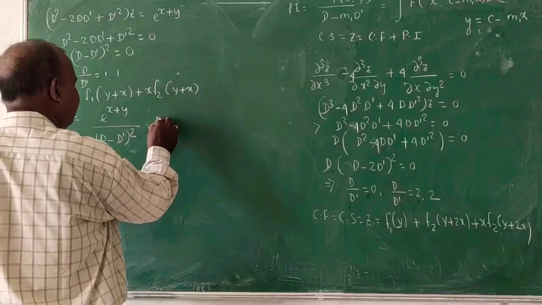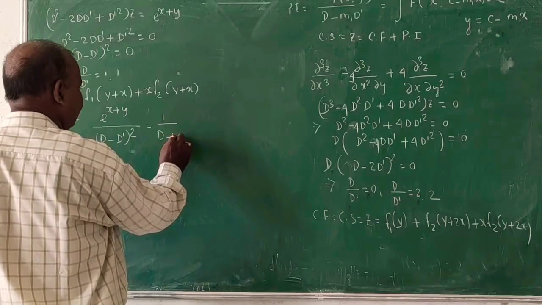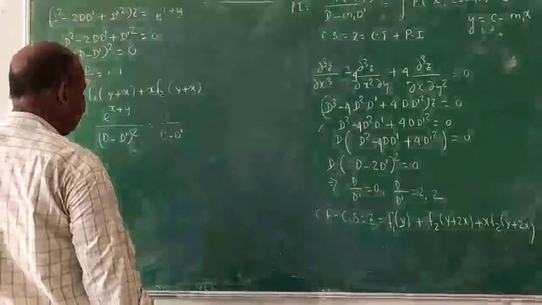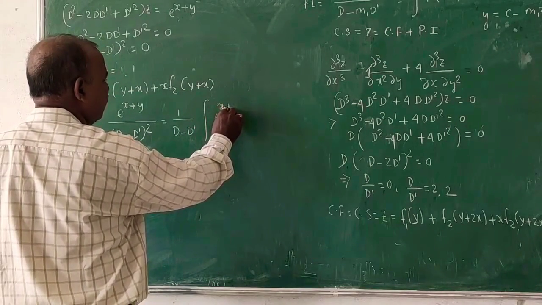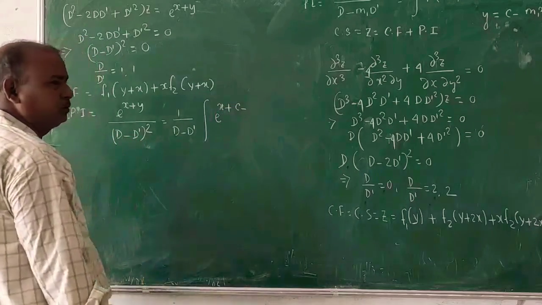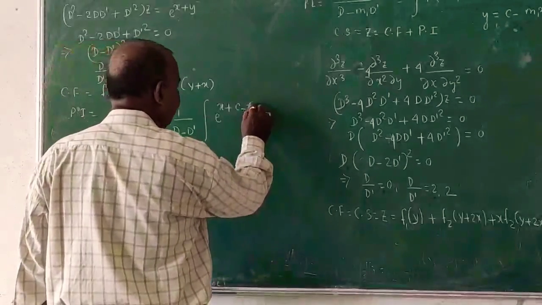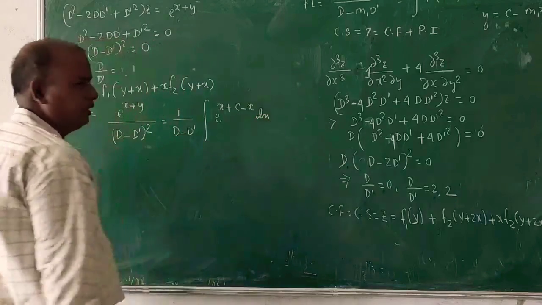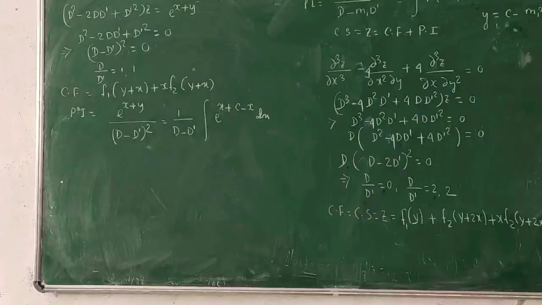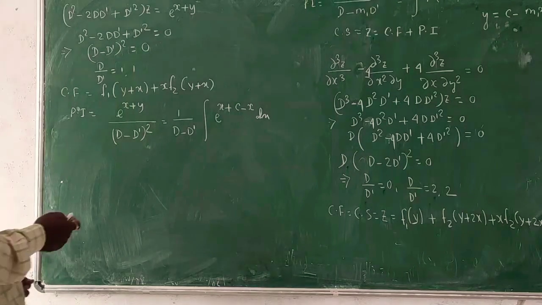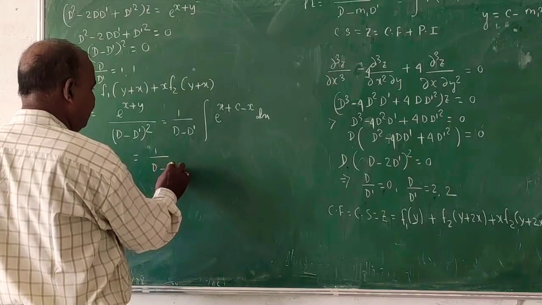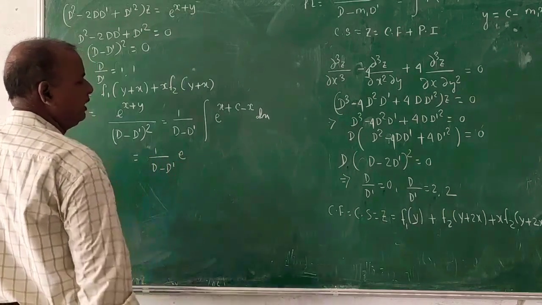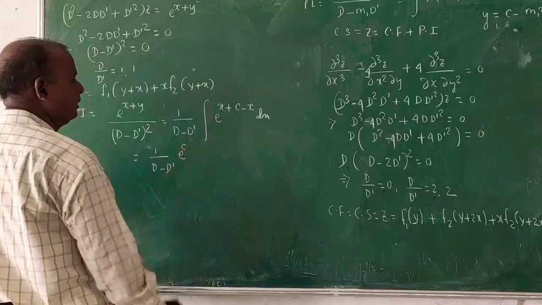So I can write this as 1 by d minus d dash into the integration of e to the power x plus c minus x into dx. Because instead of y I have substituted c minus x. So this becomes 1 by d minus d dash into e to the power c, x cancels.